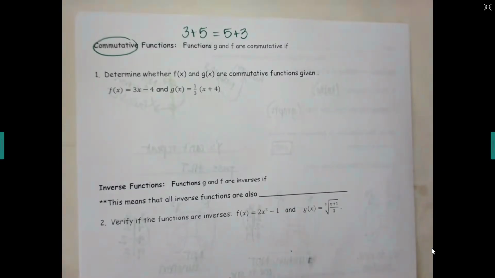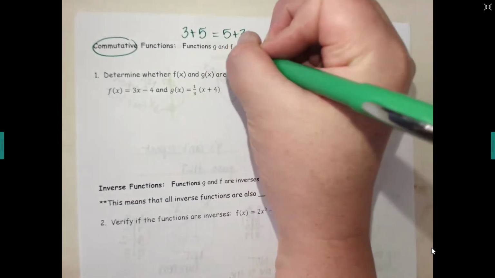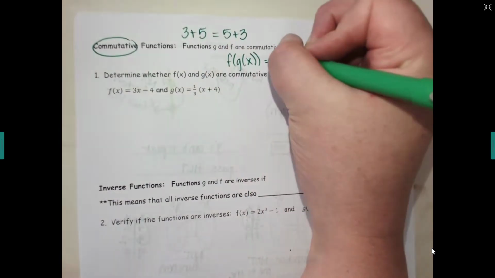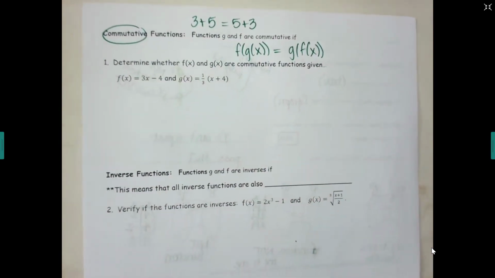So functions are considered commutative if when you do f of g, you get the same thing as if you did g of f. If you don't remember what this means, I think we covered it last week, but it's where you would plug g into f, and then plug f into g, and see if my answers come out the same.